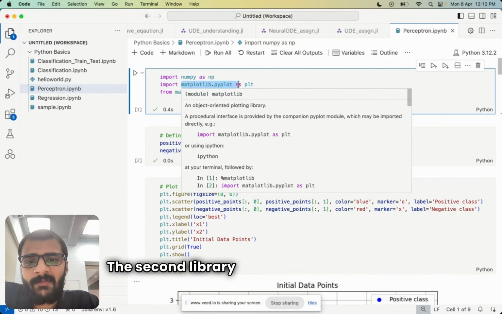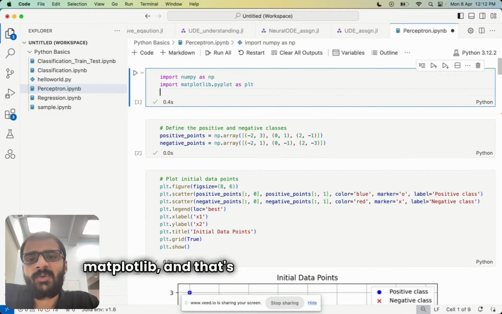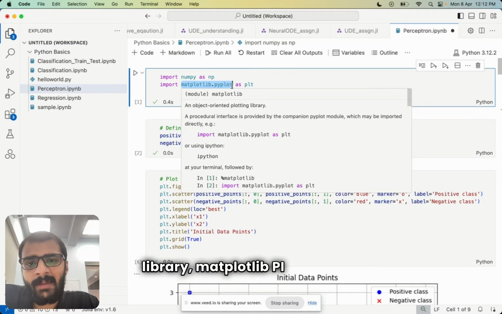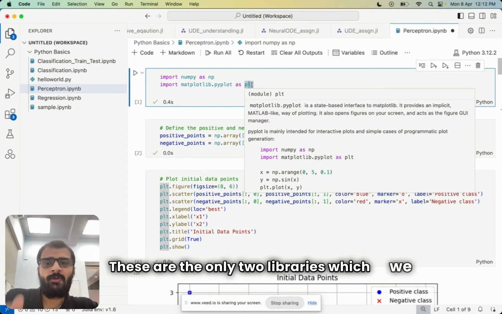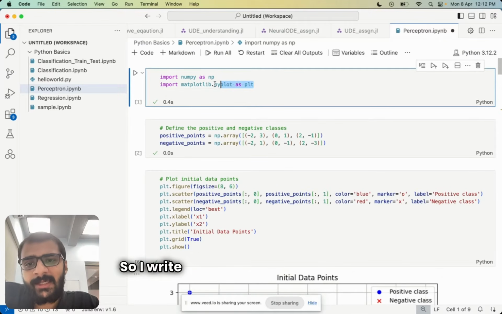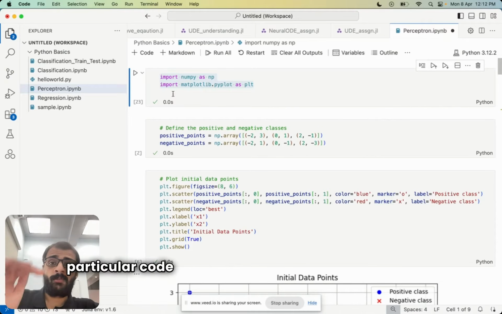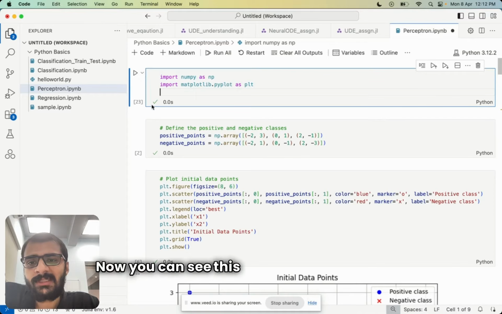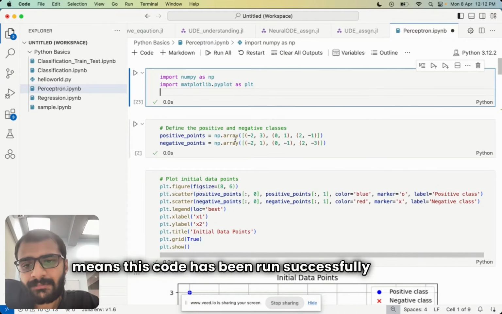The second library which we will import is matplotlib.pyplot as plt. These are the only two libraries which we will be needing in this perceptron algorithm code. So I write these two lines and I run this particular code block or this cell in Jupyter Notebook. Now you can see this tick mark shows, which means this code has been run successfully.